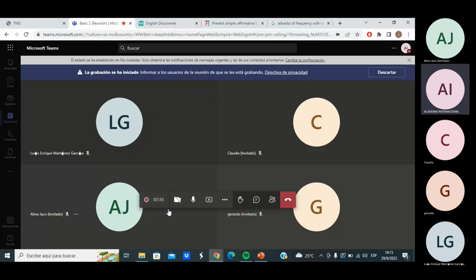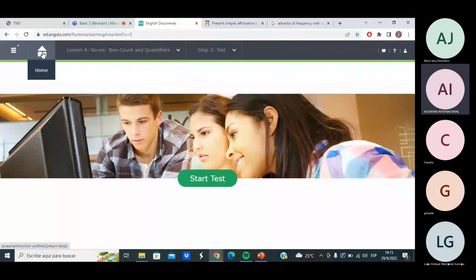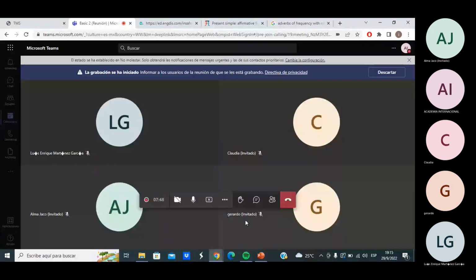But we're going to start, and today we are going to talk about the simple present. That is the topic. That topic appears in Unit 3. Let me show you this.